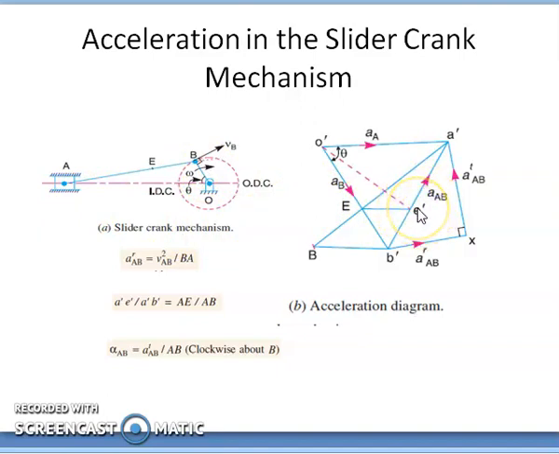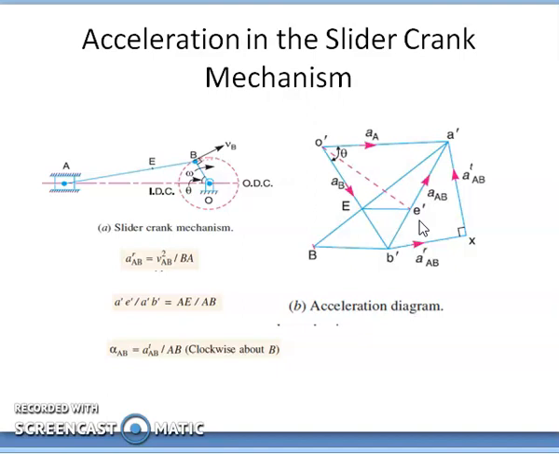This can also be done by measurement. If it is in the ratio of 2:1, then E' should also divide this vector in the ratio of 2:1. If we join it with the fixed point, we can find the absolute acceleration of E with respect to any point.